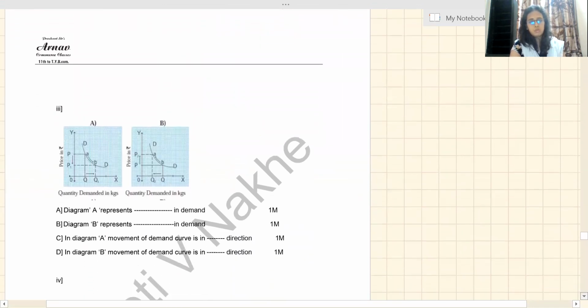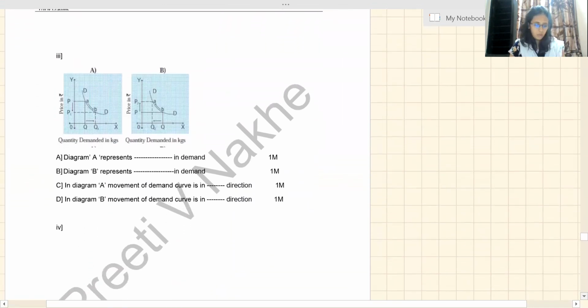Okay, this is the next diagram. Diagram A represents, see diagram A. You can see it is shifting from point A to B, and here it is shifting from B to A. So diagram A represents expansion of demand, and this is the next question they have asked you.